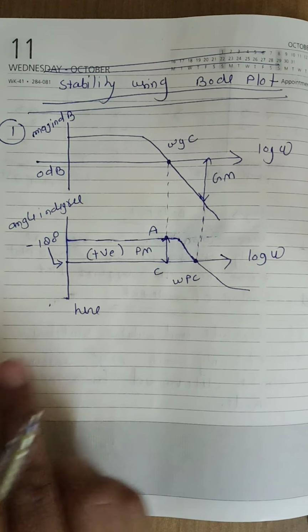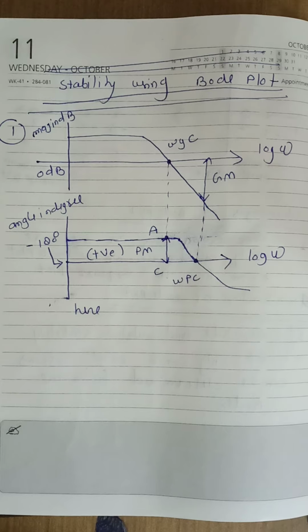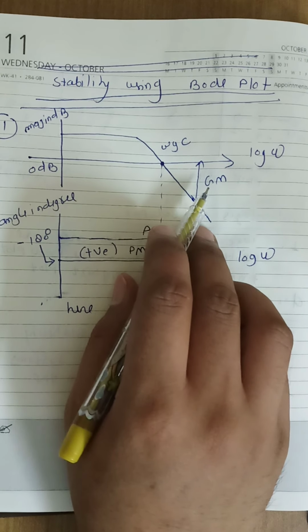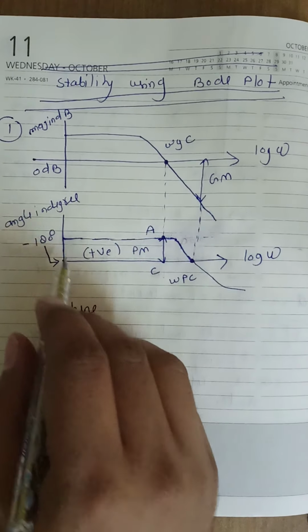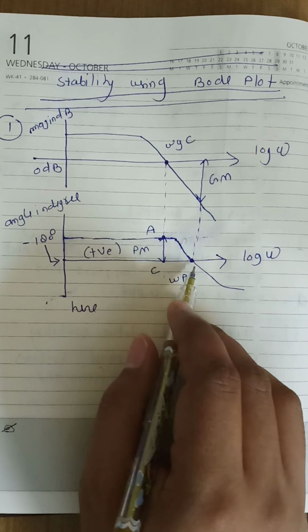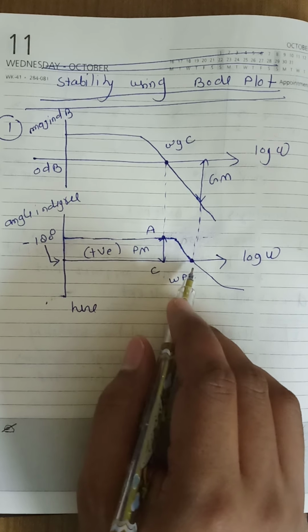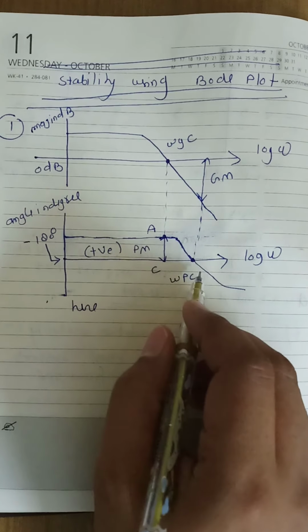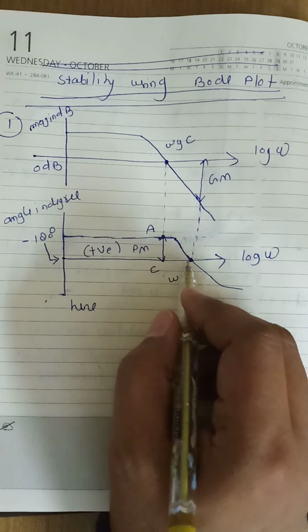Now let us see how we can define the gain margin. To determine the value of gain margin, first we will find the point at which the phase plot intersects the minus 180 degree line. This point is the intersection of the phase plot with the minus 180 degree line.